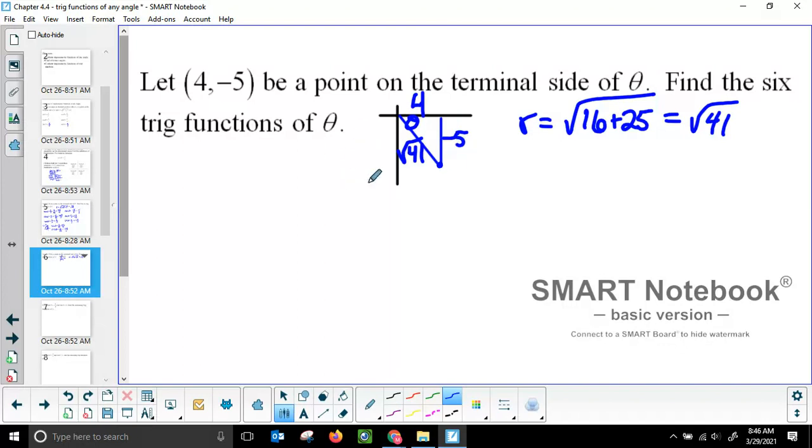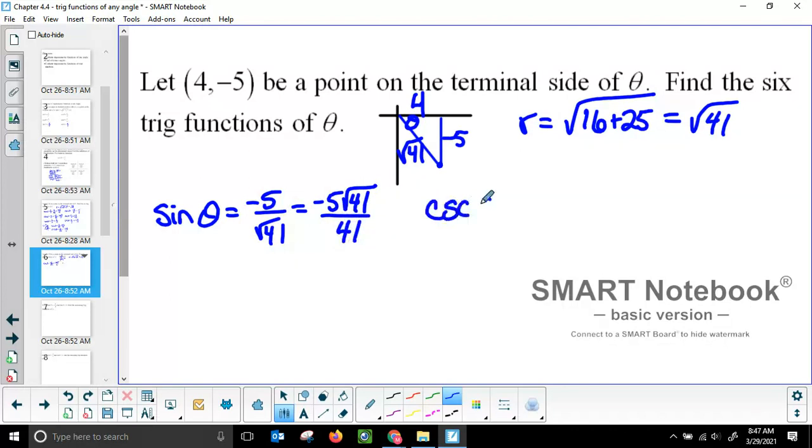So sine of theta is equal to opposite over hypotenuse. So -5 over root 41, which is going to equal -5 root 41 over 41. Of course, cosecant is simply the reciprocal of that. Let's flip this piece, it's a lot easier.